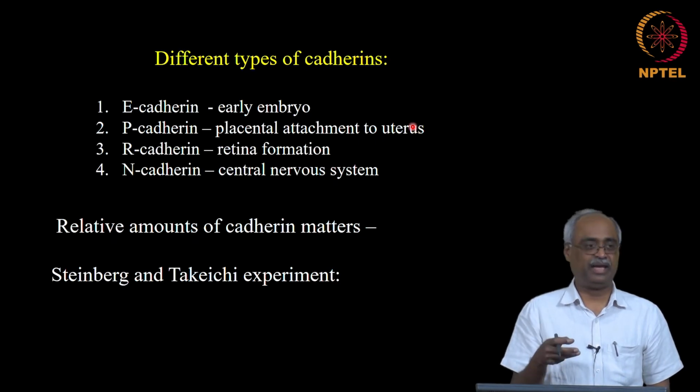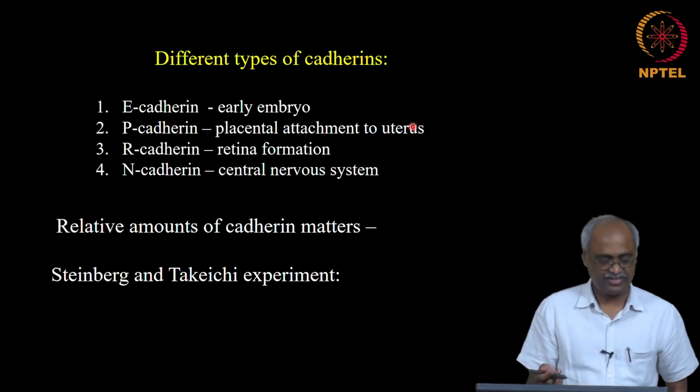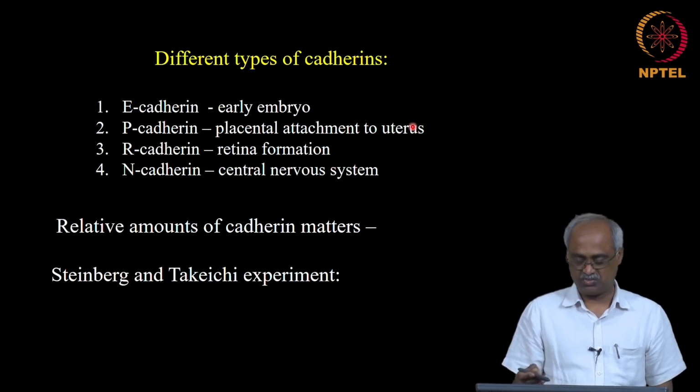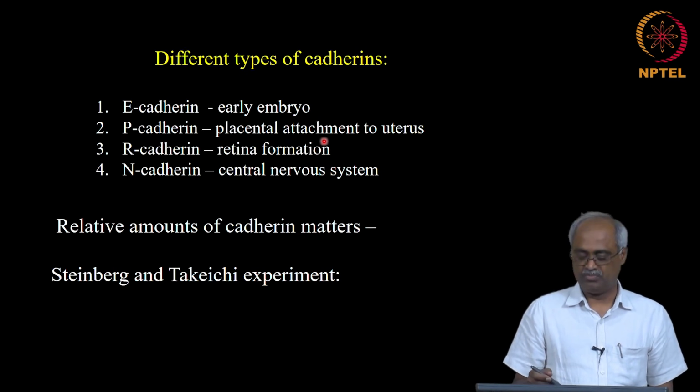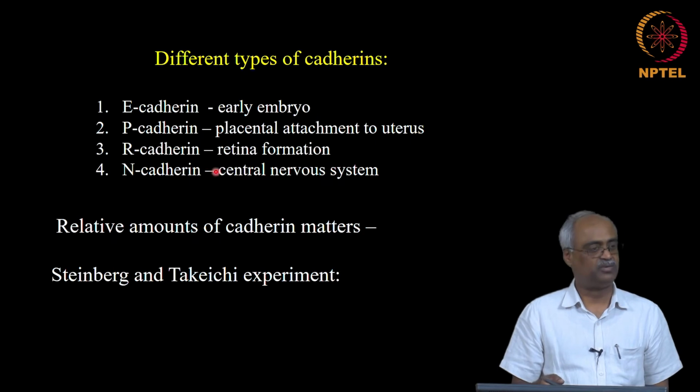It has to get anchored there, otherwise it is not going to survive, it is going to be lost, and that requires cadherin interaction, attachment of the embryo to the uterine wall. Then you have a retina specific one called R cadherin, a nervous system specific one called N cadherin, and so on.